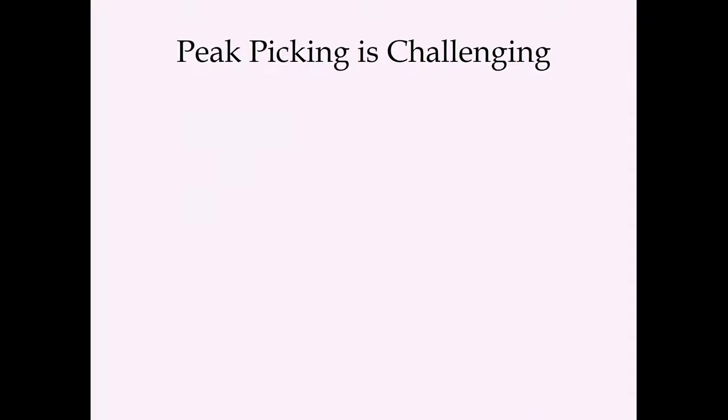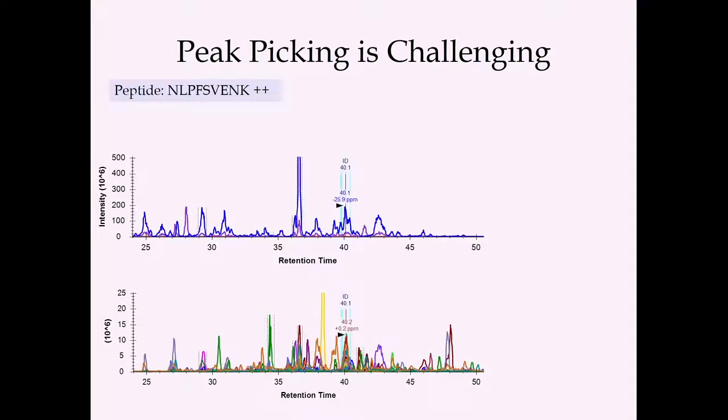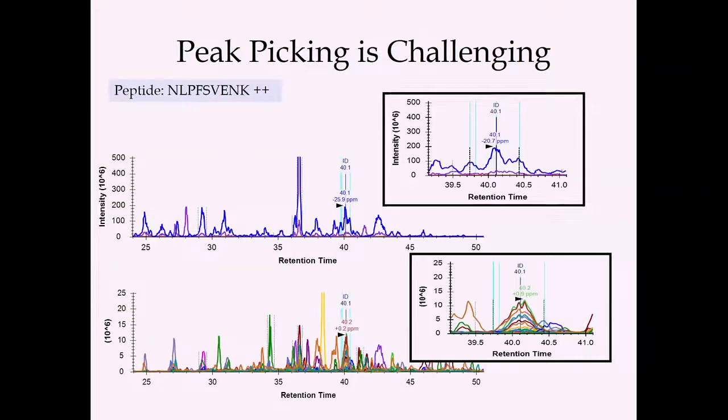I'll point out that when we first started doing this, I thought we would just be able to go and look at these data like SRM data files, but the peak picking is definitely a challenge. So if this is an individual target peptide, and here's the MS1 data, and here's the MS2 data, this region right here is where the actual target peptide is, and it's pretty messy, right? The data is very noisy. There are lots of other things interfering with it.